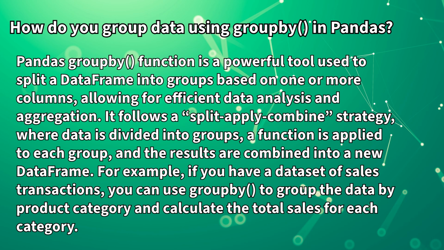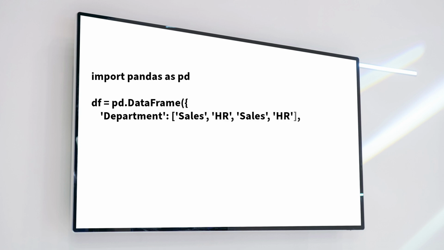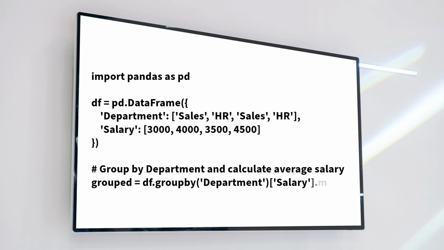For example, if you have a data set of sales of chocolates, you can easily use groupby to group the data by product category, maybe the flavors of the chocolates, and calculate the total sales for each category. In this given example, we have the values of department and salary.